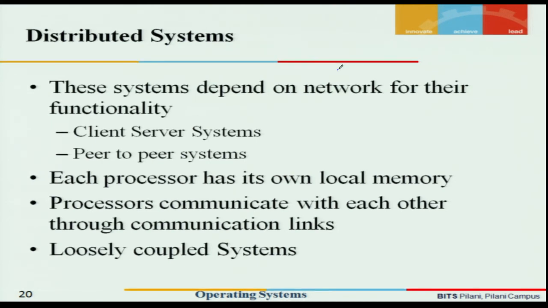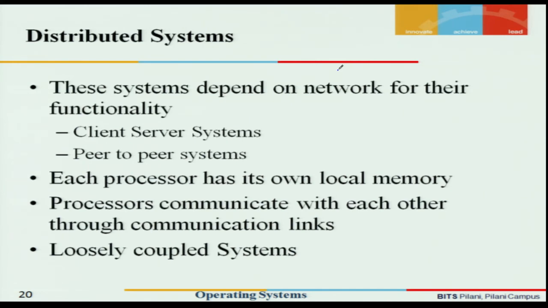A classical example can be a railway reservation system, where we have a reservation server, and using your PC or your laptop you connect to the server and try to book your ticket. So we have clients and we have a server.